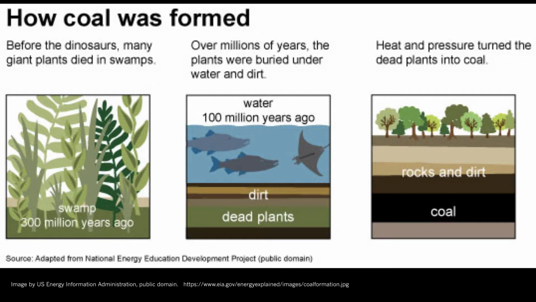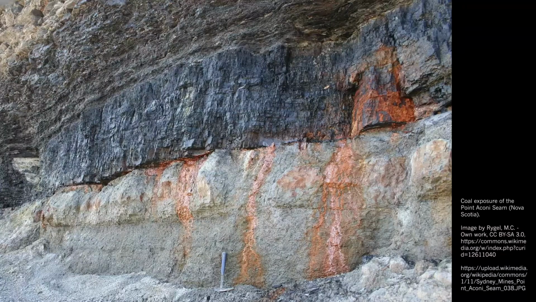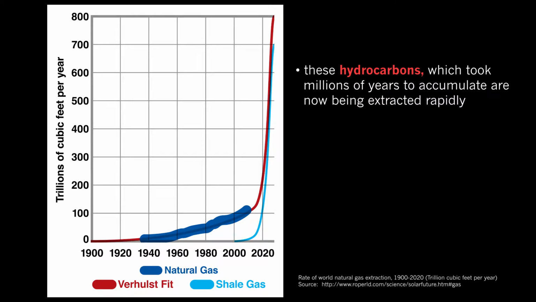And of course, we have been extracting these hydrocarbons for about the last 150 years and refining oil and gas and burning coal. And so this layer of hydrocarbon that took millions of years to form is being used relatively rapidly.